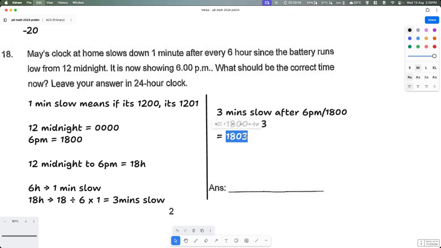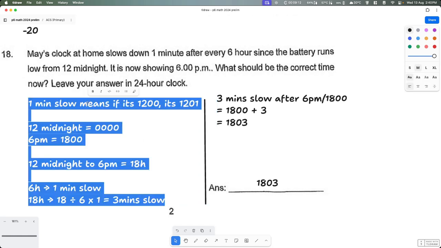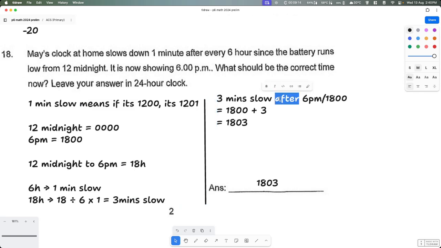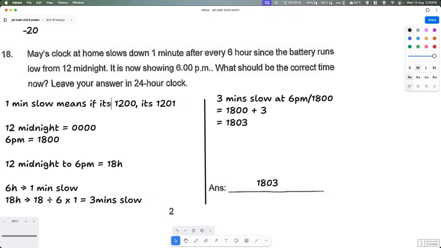So that's the answer, 1803. Okay, there you go. So 1 minute slow at 6 p.m. means at 12:00.